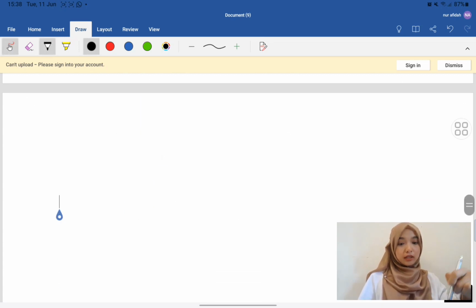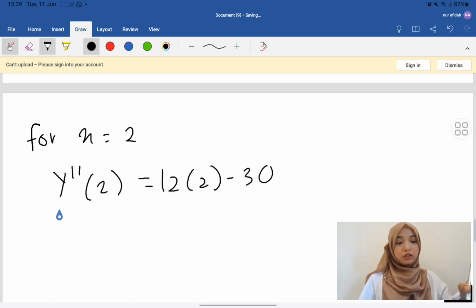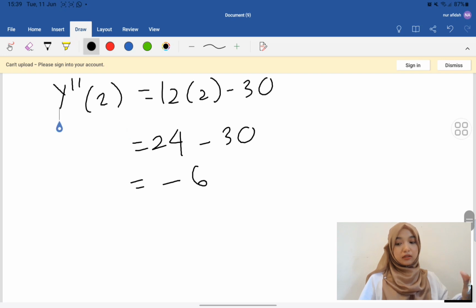The next step, we evaluate the second derivative at the critical points. For x equals 2, put the 2 in the equation, and we got 24 minus 13, which is negative.